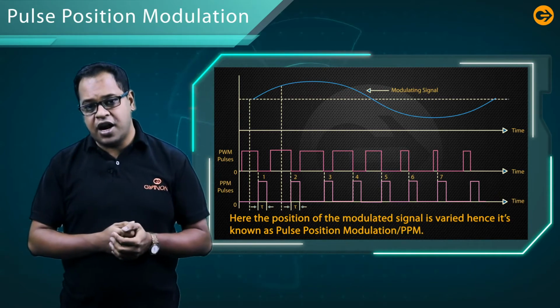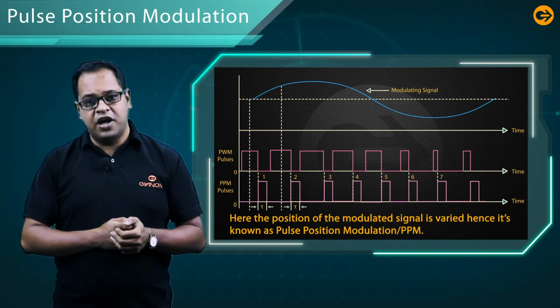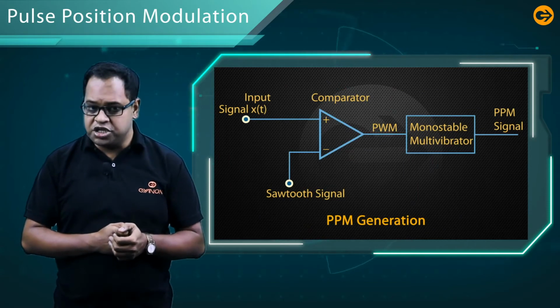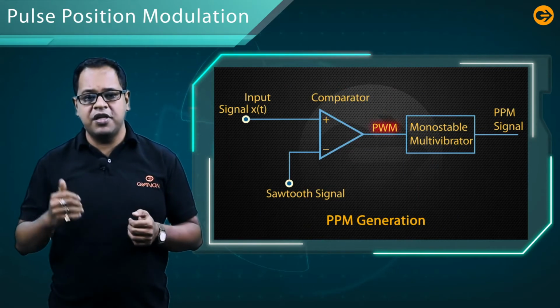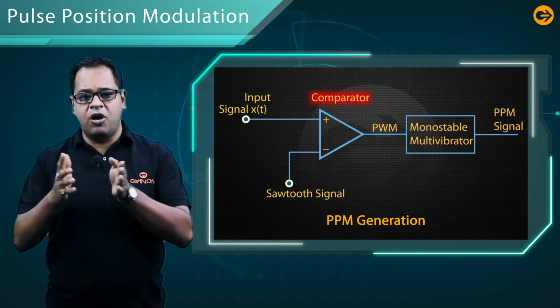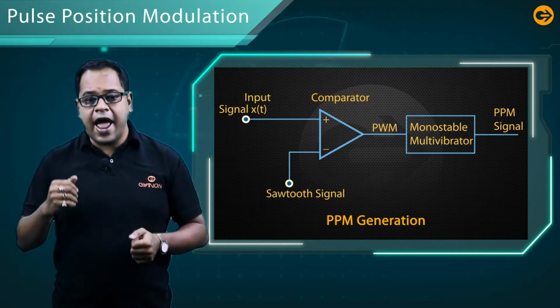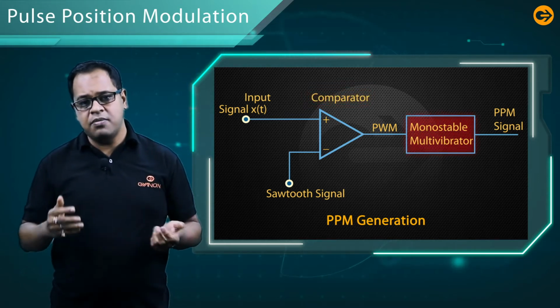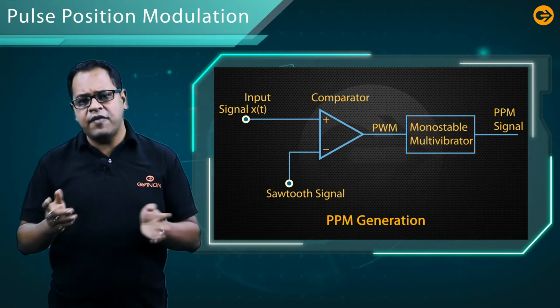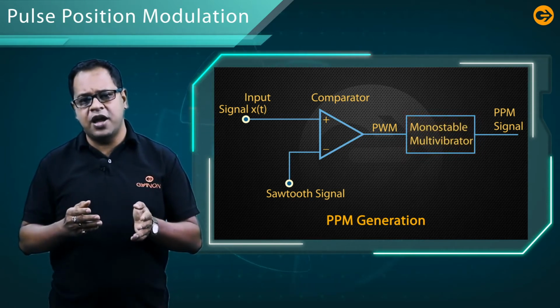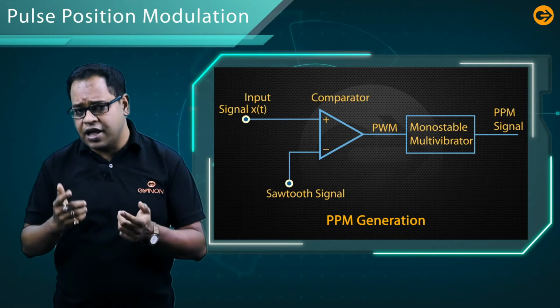So, let us start with the transmitter of pulse position modulation. The pulse width modulated pulses obtained at the comparator output are applied to a monostable multivibrator. You are already familiar with the monostable multivibrator from analog electronics classes.